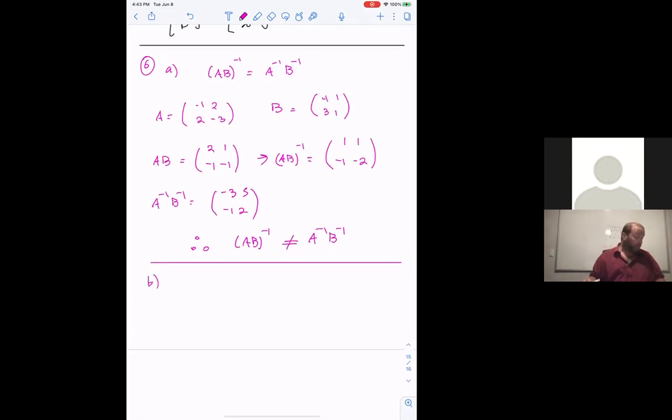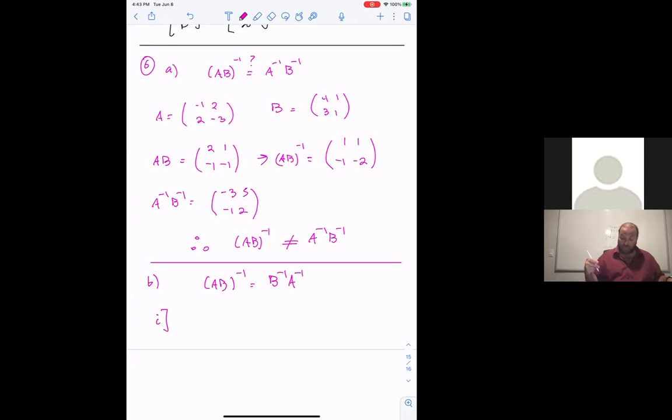Michelle claims, on the other hand, that if you take AB inverse, you get B inverse A inverse. So if you inverse the products, you can multiply their inverses, but you got to switch the order. So part A, it says, first, verify Michelle's claim is correct.